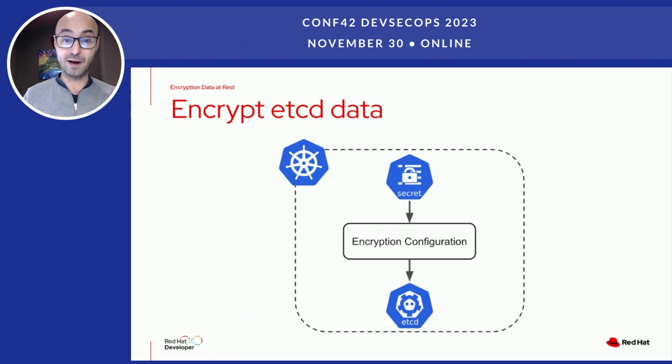So now you will say, oh, we are safe, right? Because I've got the secret in Git, which is encrypted. Then the controller will create a Kubernetes secret, and we will enable this encryption configuration, so the secret will be stored in etcd encrypted, right?